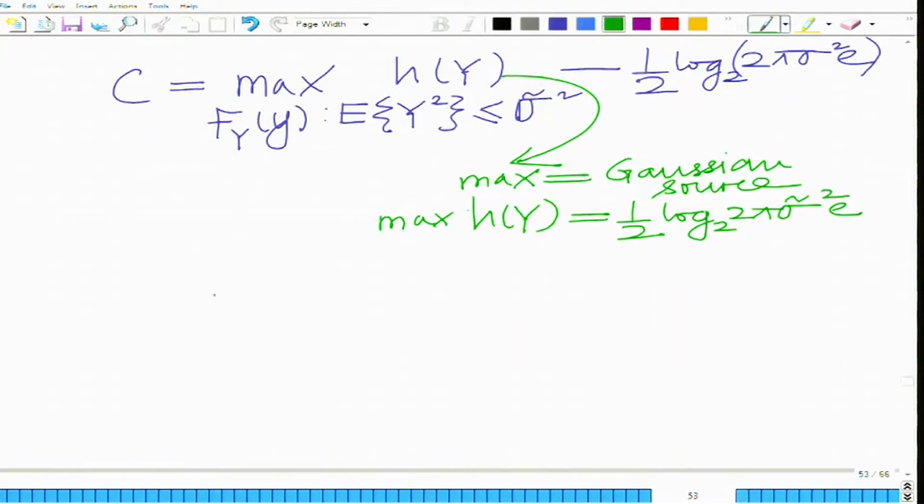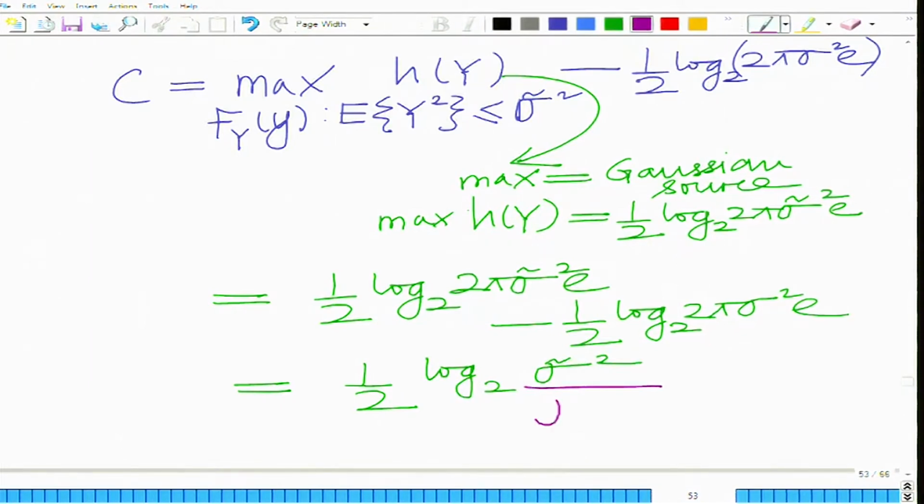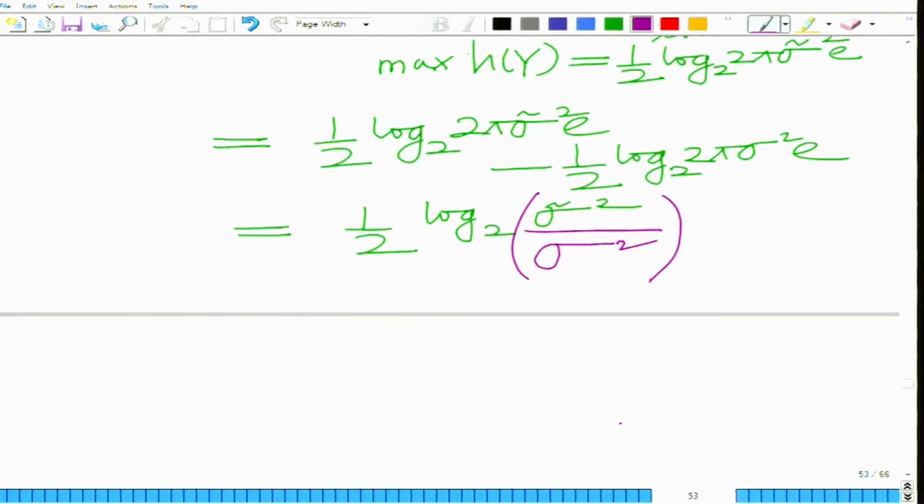Therefore, the capacity will be half log to the base 2 of 2 pi sigma tilde square e minus half log to the base 2 of 2 pi sigma square e, which is half log to the base 2 of sigma tilde square divided by sigma square, and we know sigma tilde square equals P plus sigma square.